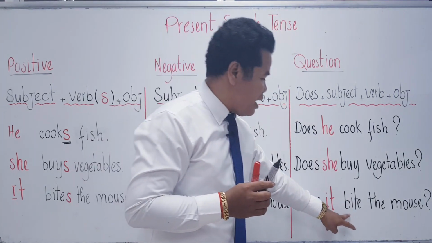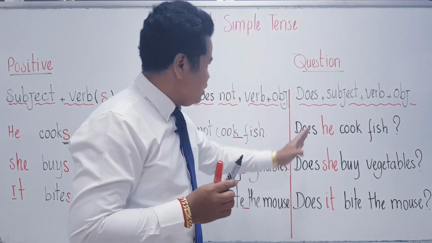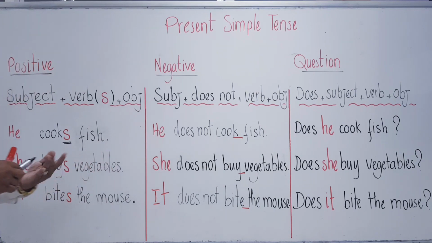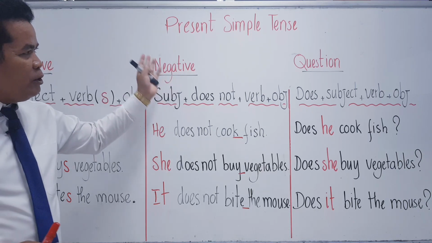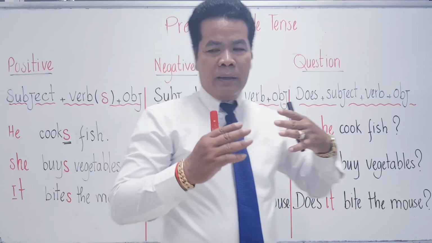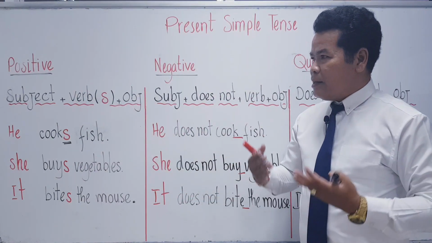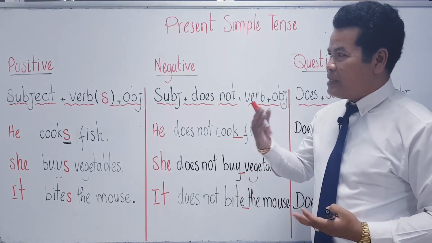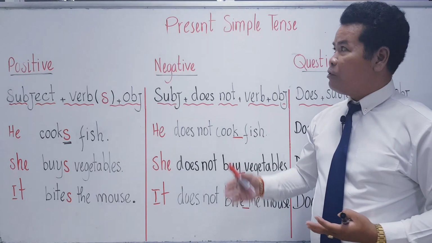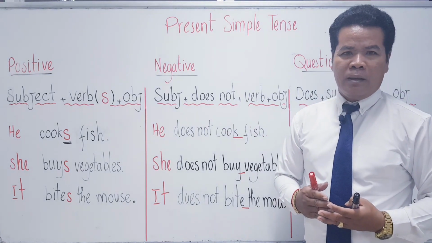Does it bite the mouse? So, if you look at the form, you have the positive form, the negative form, and the question form. Today I'm going to let you know and understand and remember exactly how to make the form of the present simple with the third person singular.